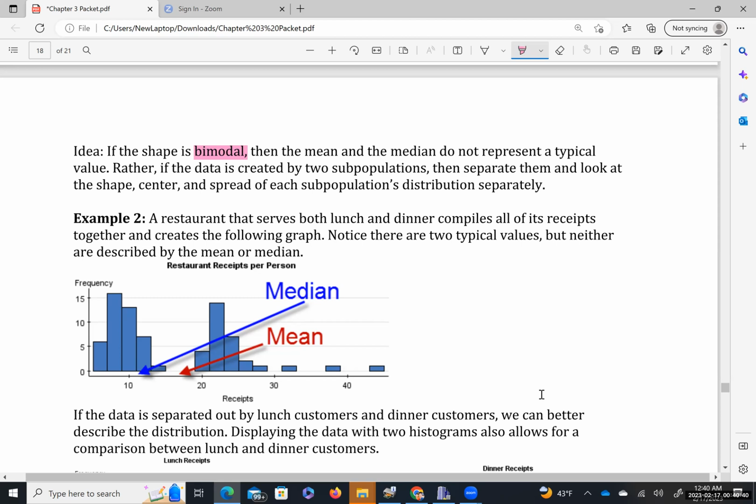So the center in this one could be the median, and the mean is also not typical for the distribution here.